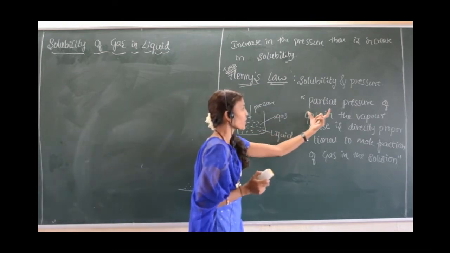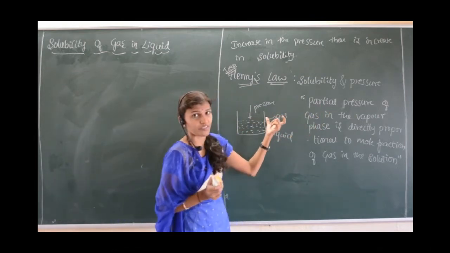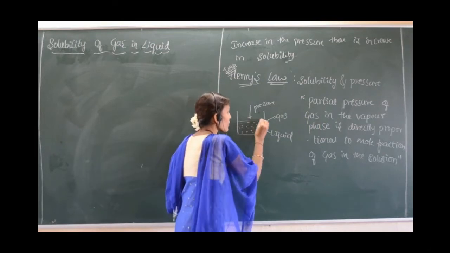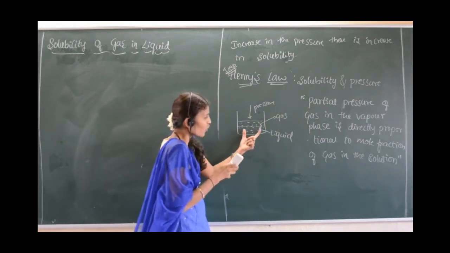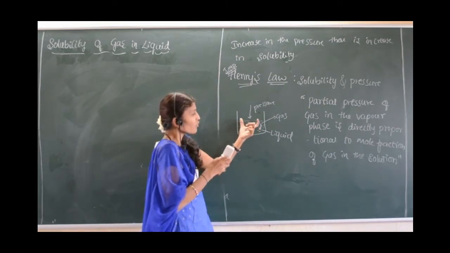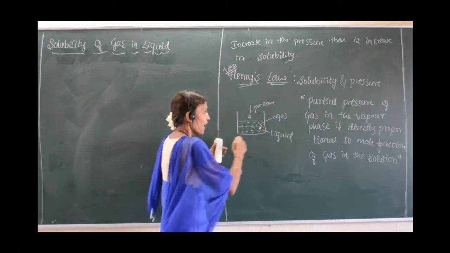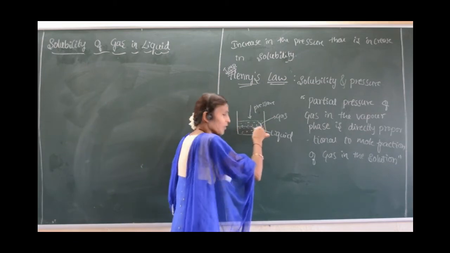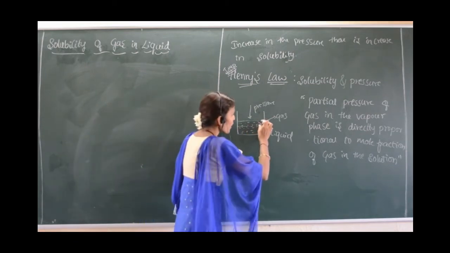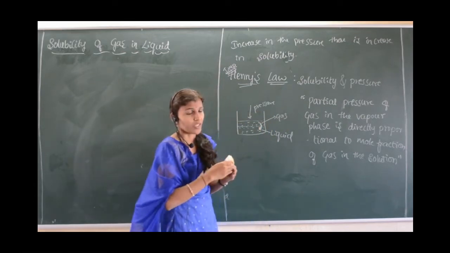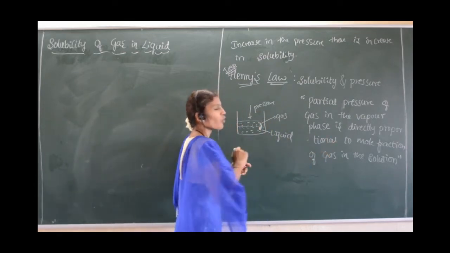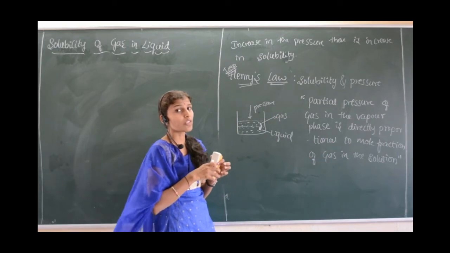The partial pressure of the gas in the vapor phase, because this gas is present in the vapor phase. Some of the gas is dissolving in the liquid and some gas will be above the liquid. As the gas is getting dissolved, the partial pressure of the gas in the vapor phase is directly proportional to mole fraction. Why do we use the term mole fraction?